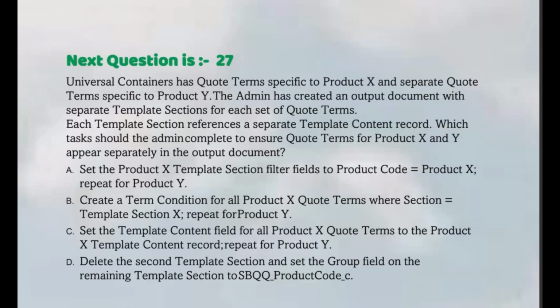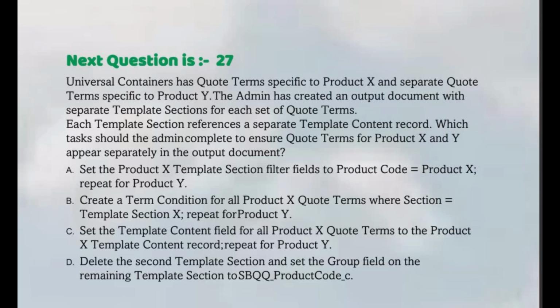Option A. Set the product X template section filter field on product code is equals to product X. Repeat for product Y. Option B. Create a term condition for all product X code terms where section is equals to template section X. Repeat for product Y. Option C. Set the template content field for all product X code terms to the product X template content record.